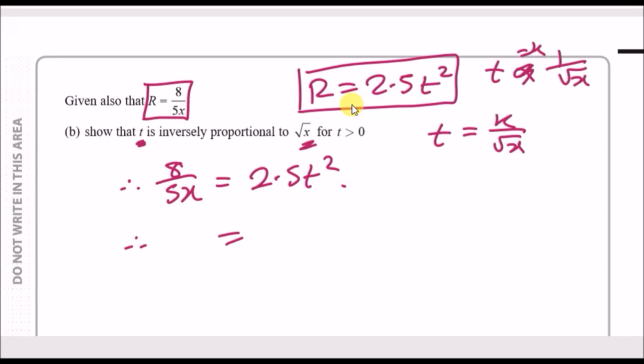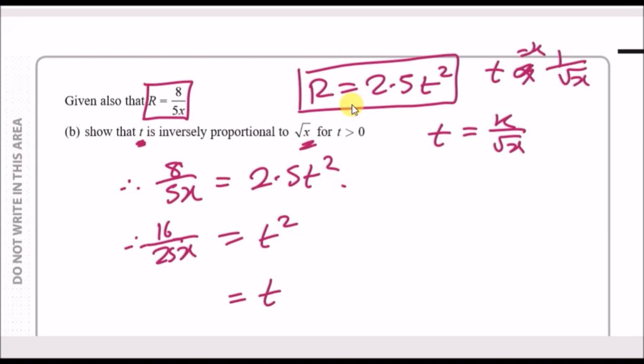So what we could do is divide by 2.5. We're going to have 8 over 5 divided by 2.5. In your calculator, you would literally write 8 over 5, then the divide sign and 2.5. That should give us 16 over 25, and of course x is still at the bottom. And this is now T squared. Now all you want to do is square root everything.